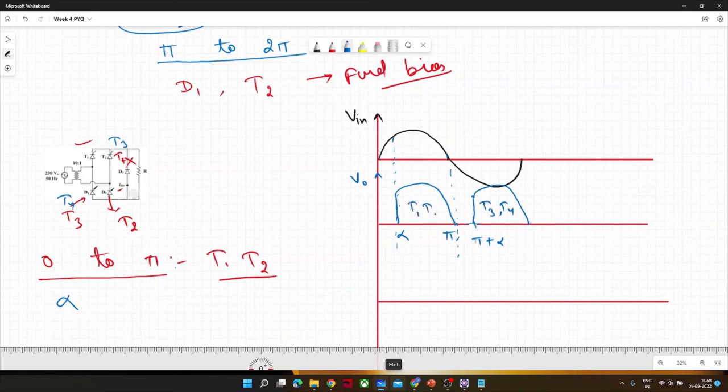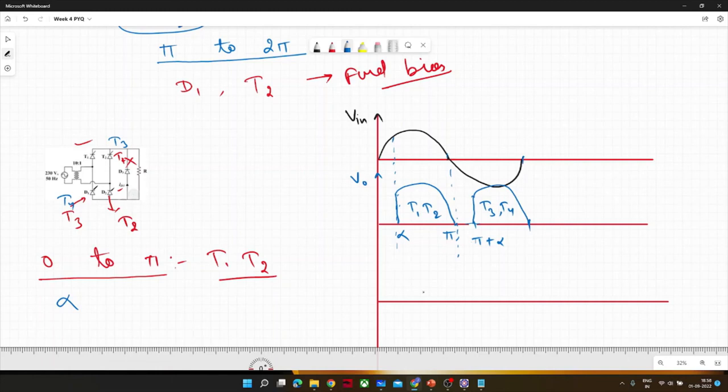Here T1 and T2 were conducting, here T3 and T4 will conduct. Any issue till this point? It will be repetitive after every pi. It is a two pulse converter.